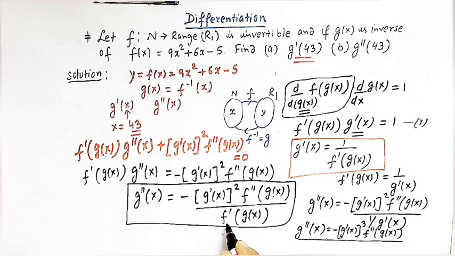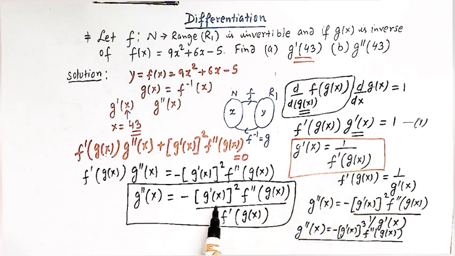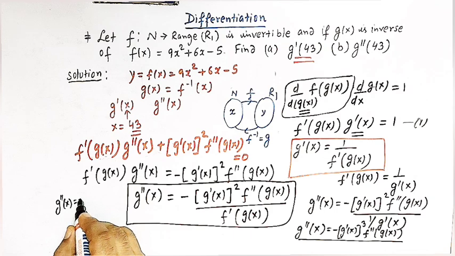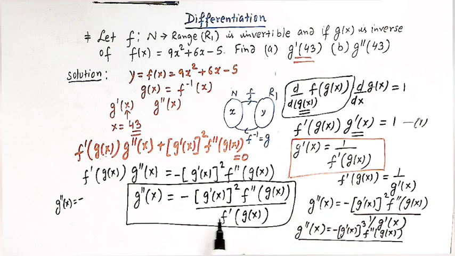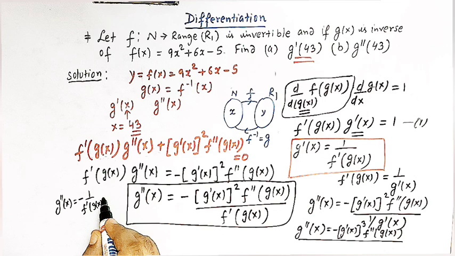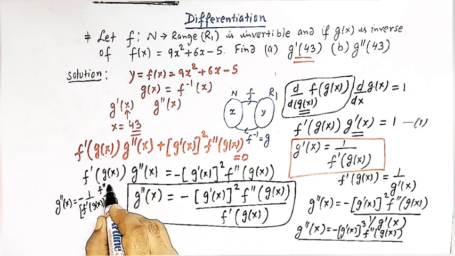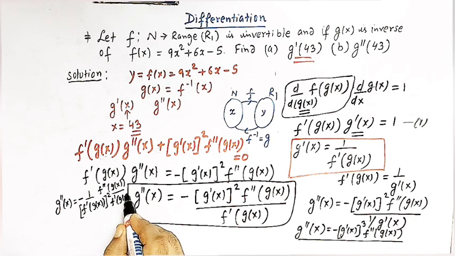Now if we replace g prime of x by 1 over f prime of g of x in this expression, what we will get is g double prime of x equals minus, and g prime of x can be written as 1 over f prime of g of x. So we have 1 over f prime of g of x, squared, and here we have f double prime of g of x divided by f prime of g of x.